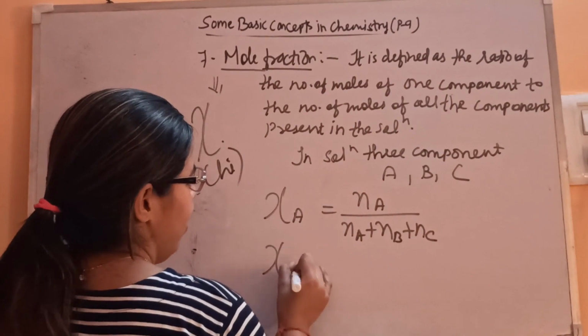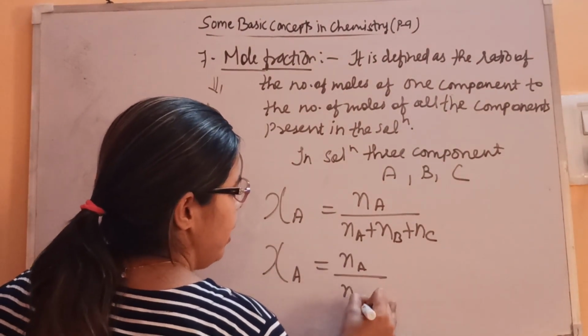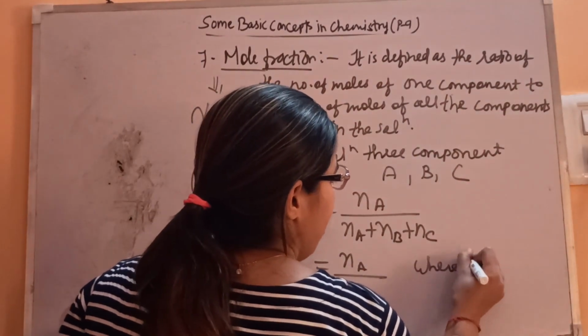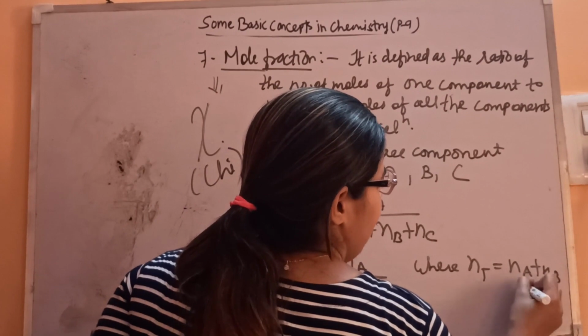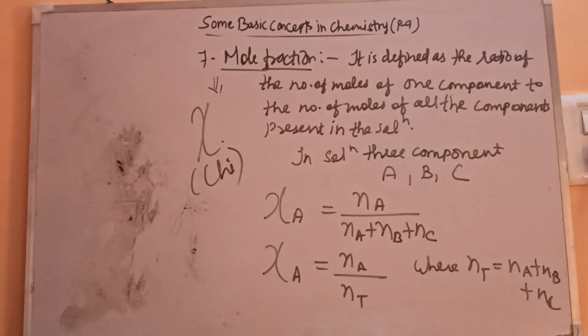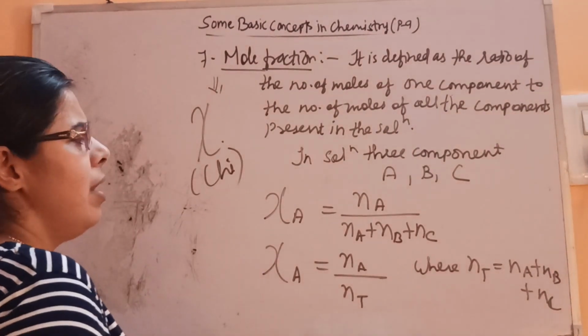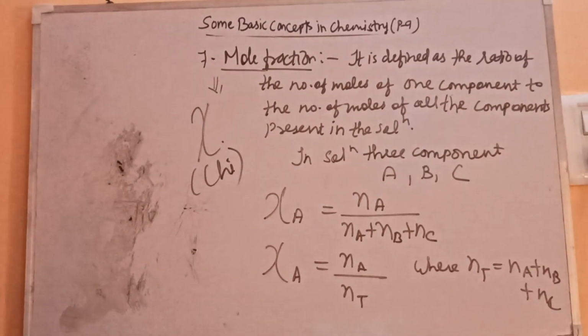In total you can write chi A is equal to Na divided by Nt, where Nt is equal to all the number of moles present in the solution. Similarly, we can write for B, for C, and for any other component present. Generally, we will consider the solution of two components only.